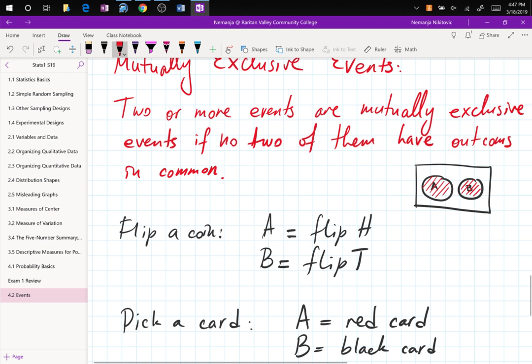Now if you want to extend this to more than two, because we only talked about heads or tails or red or black card, you can't buy a car with a single color that is black and red and white and gray and green at the same time.